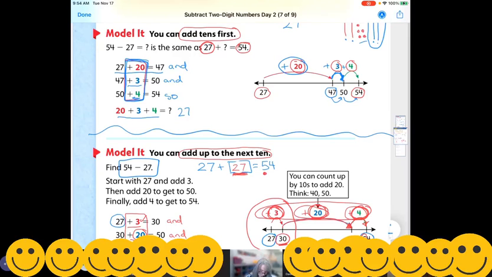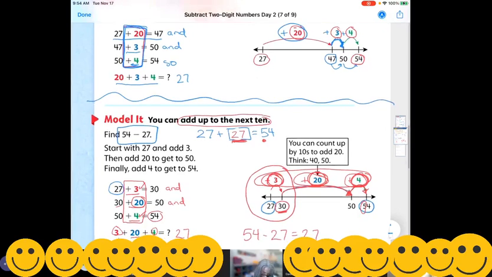And I would like for you to put your rectangle around this bottom one as well, because what I'm trying to explain and show you is they are still adding the same numbers. They just have them in a different order. Everything's adding, everything's moving up the number line.